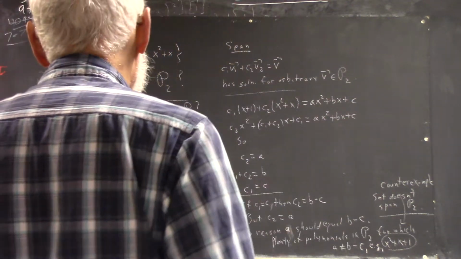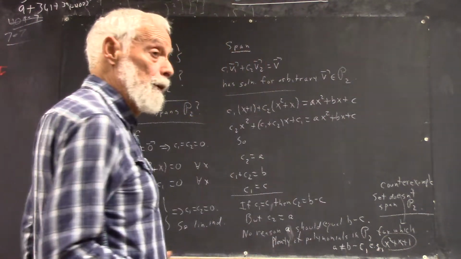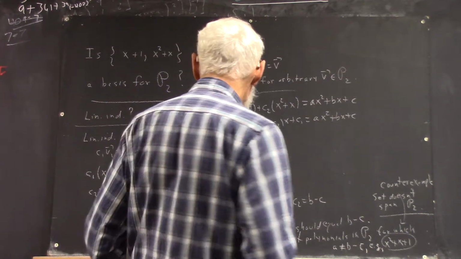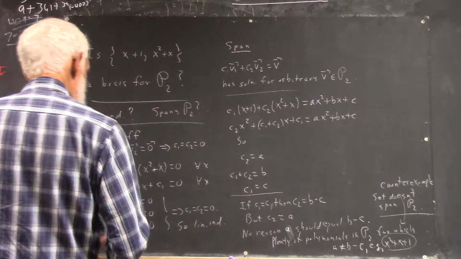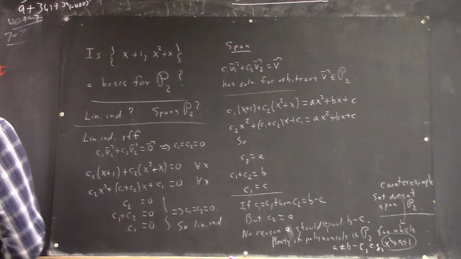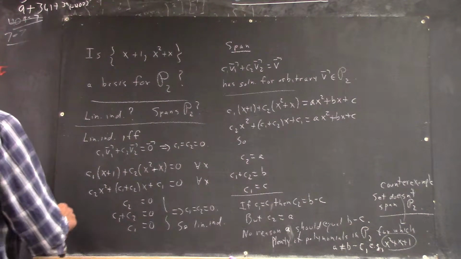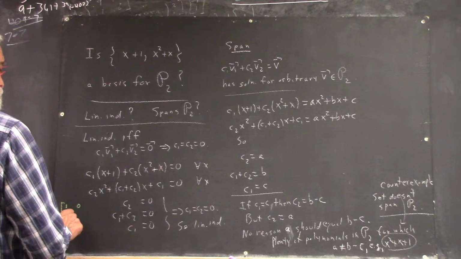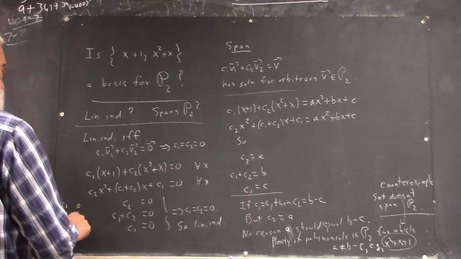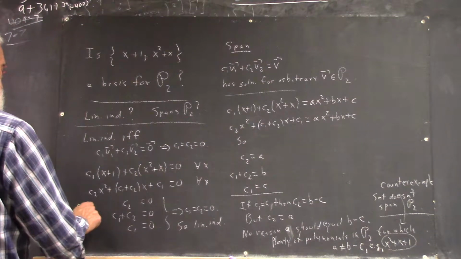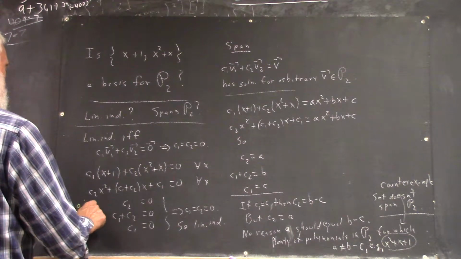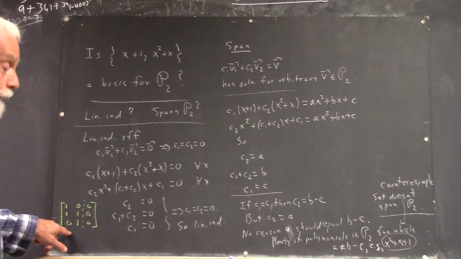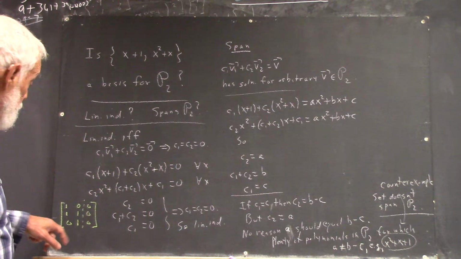Now, the whole thing can also be expressed in terms of matrices, right? So another way of saying this is, okay, this is a matrix equation that says that this is this equation, right?